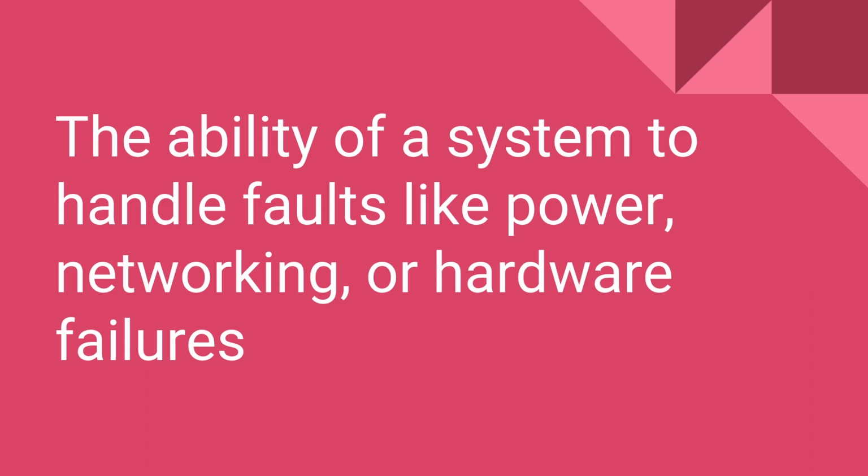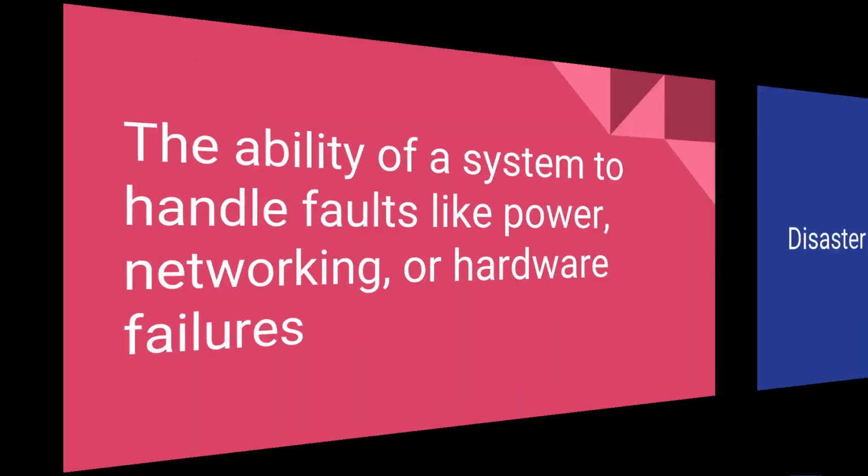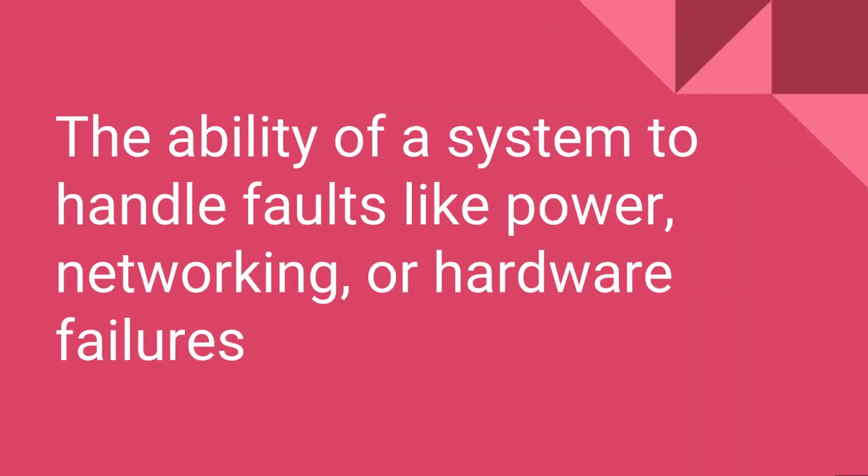That's how commodity servers are to Google, but it's basically the resiliency that they have to faults. If a power supply dies or your networking dies, can you handle that? That's what's going to get you the availability. So if you had 4 copies of your web server and 4 copies of your files distributed over the globe, and one of them was to go down, the other 3 could take over, and that's fault tolerance.